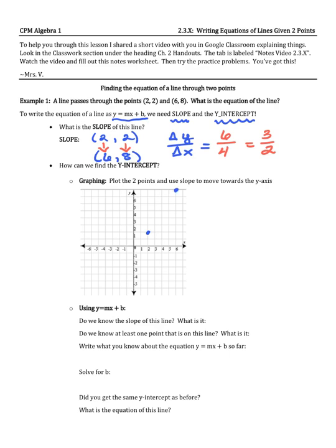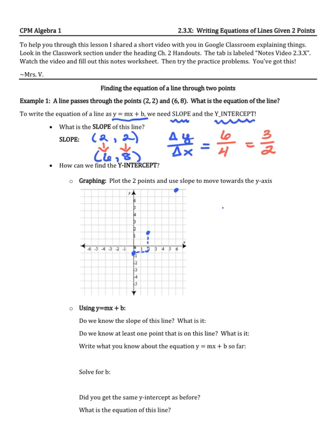And I'm going to use my slope to work backwards towards the y-axis. A slope of positive 3 over positive 2 means I could go up 3 and over 2 towards the positive x values, or I could go down 3 and over 2 towards the negatives.